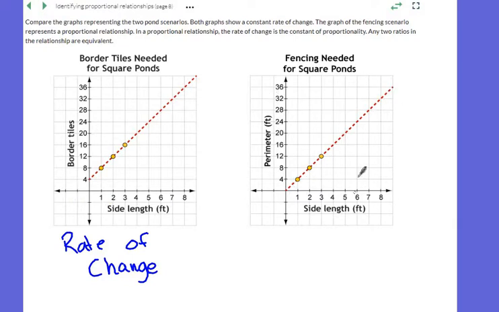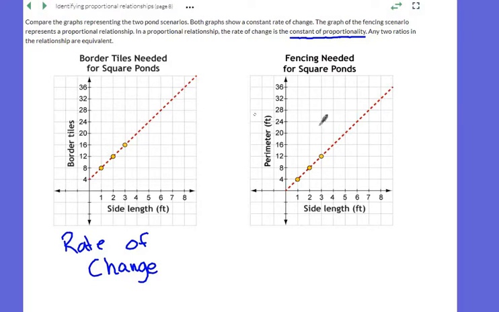I could also tell you a rate of change from here, but we have a fancier word we can call it because we know this problem is proportional, so we could call it rate of change or constant of proportionality. Both, well, was it both of them? It was. Both of their rate of change was 4.